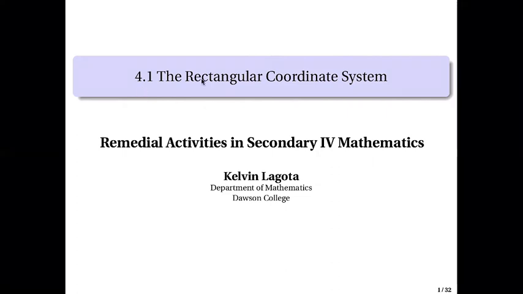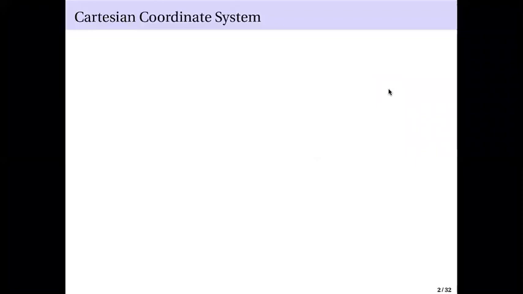We will have the rectangular coordinate system, or sometimes it is called the Cartesian coordinate system. So what is this Cartesian coordinate system, and how do we construct this? This coordinate system was introduced by René Descartes, a French mathematician and philosopher, and that's why it's called Cartesian.